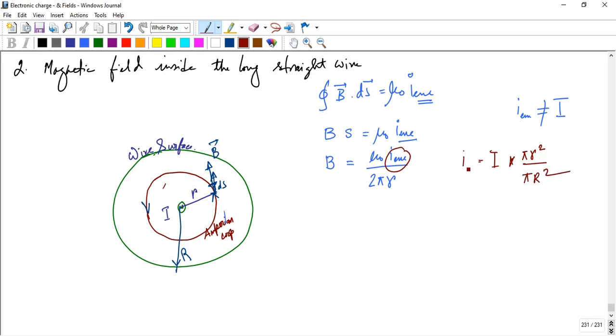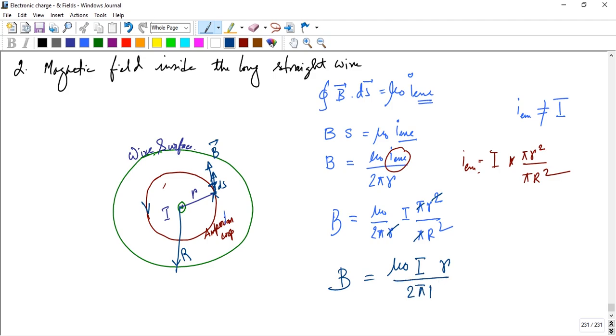That's I enclosed. Now we replace it: B equals mu 0 by 2 pi r, times total I times pi r square by pi capital R square. Now if I cancel the pi, we get B equals mu 0 I small r by 2 pi capital R square.